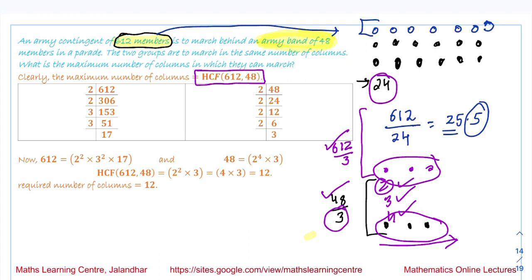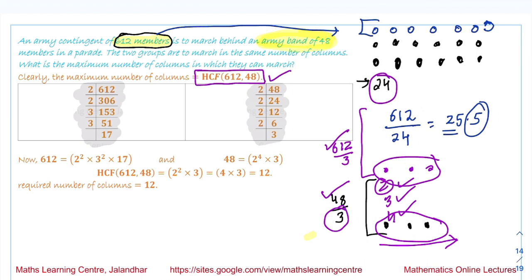We are interested in the highest number which divides both 48 and 612, and that is the HCF of 612 and 48. So this is how we are going to do the prime factorization over here.